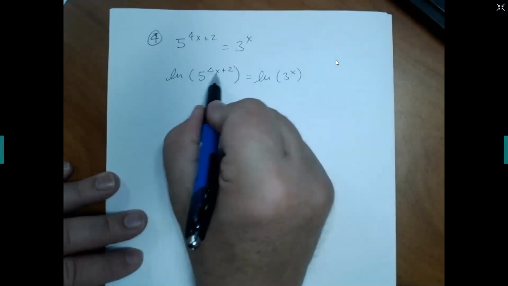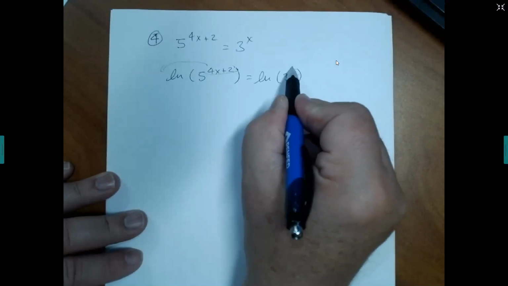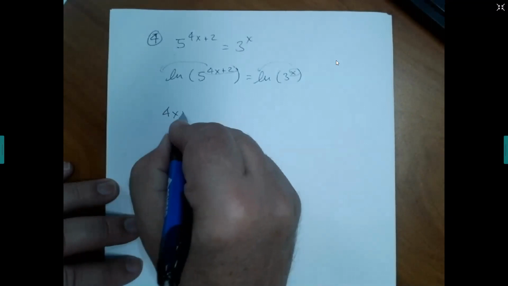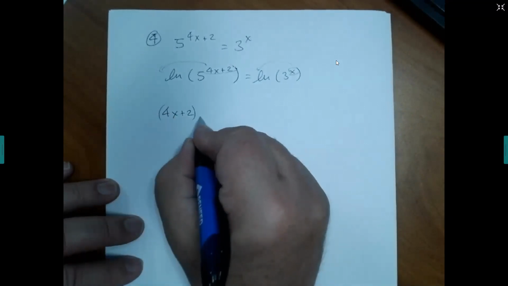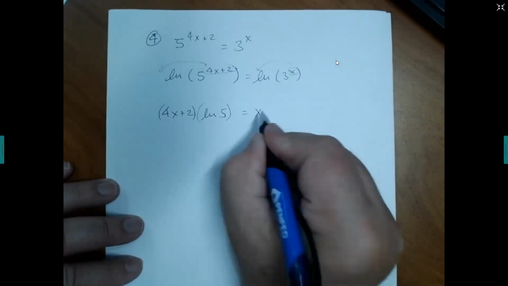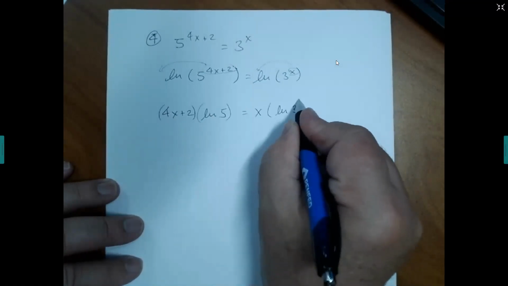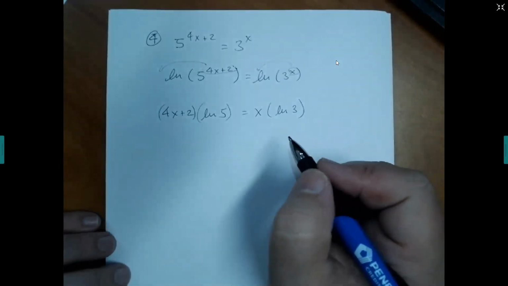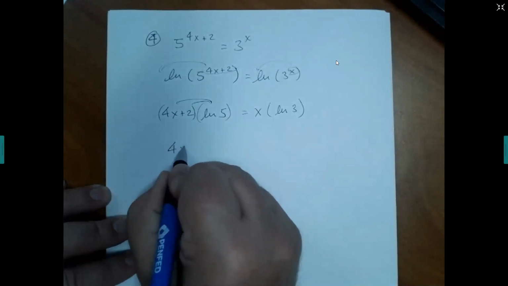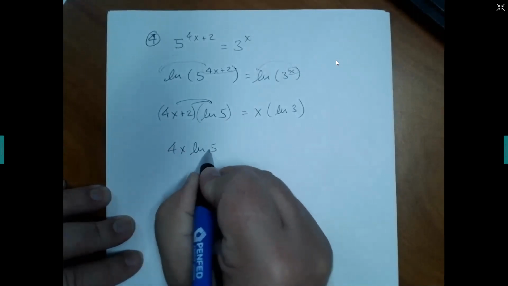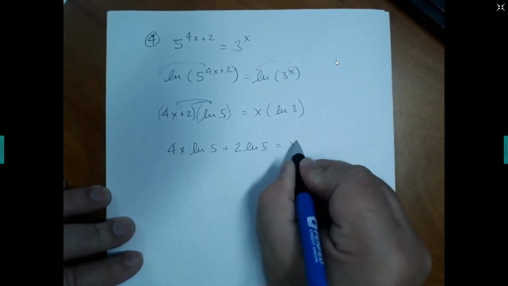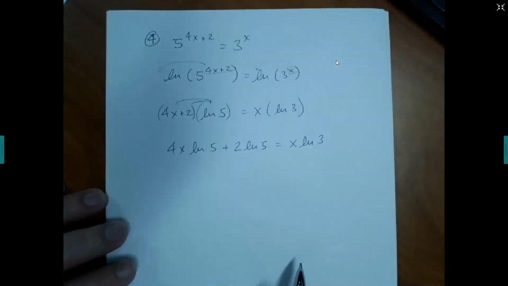That brings the exponents out in front. Distribute, get rid of the parentheses there. So we have 4x ln 5 plus 2 ln 5 equals x ln 3.